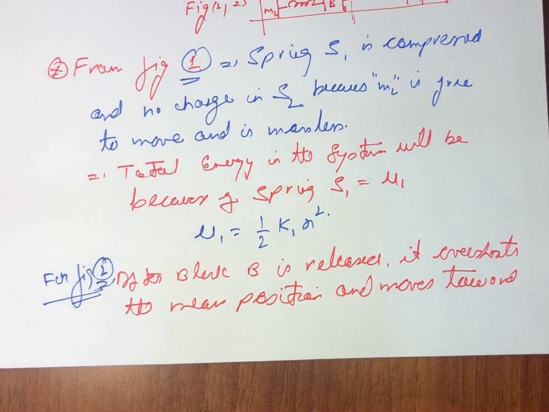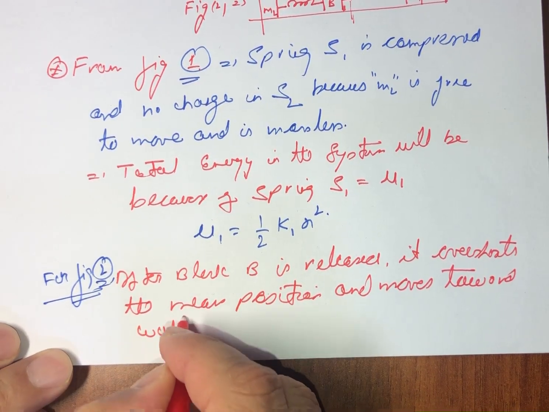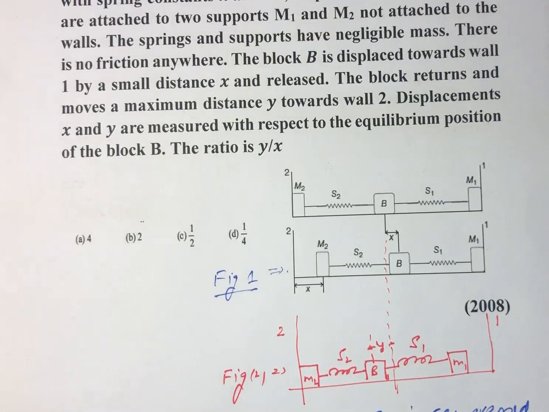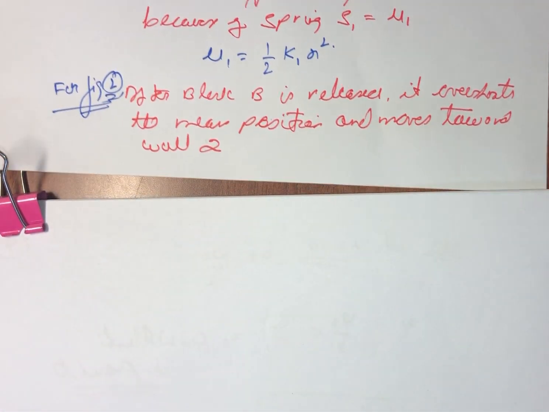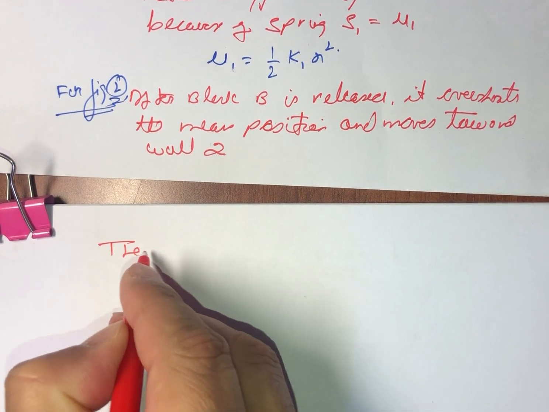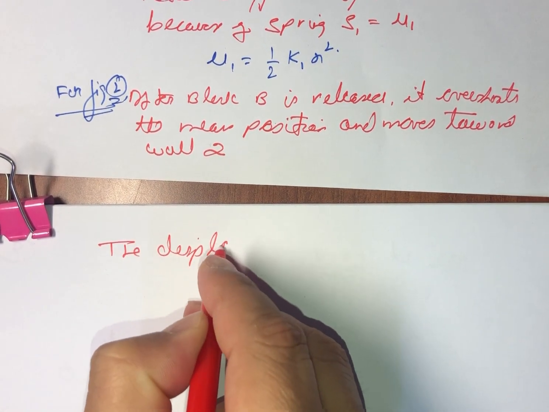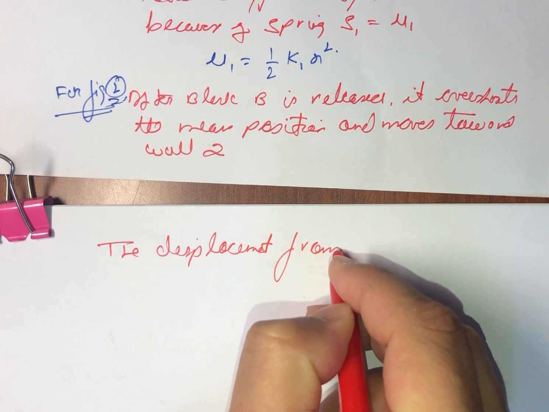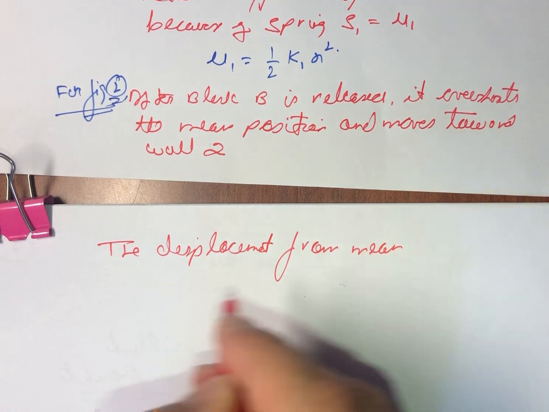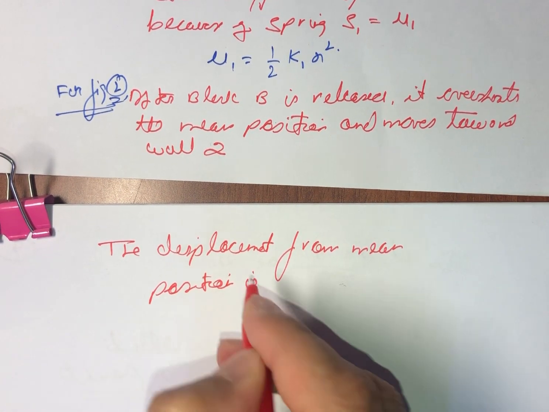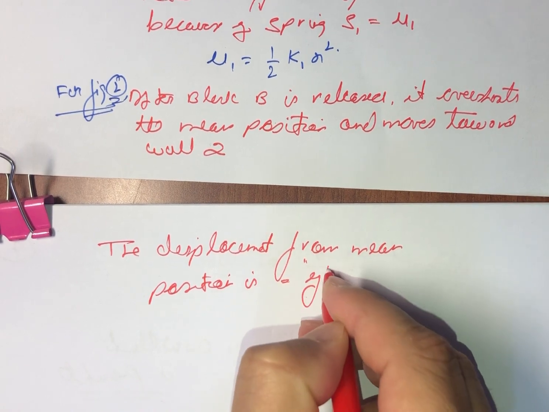It moves towards wall 2, and the displacement from the mean position is y.